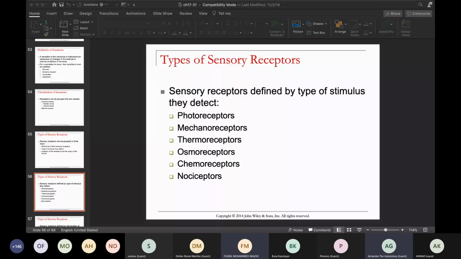Bushra, what do photoreceptors detect? Bushra is gone. Jala, Jala, teacher. Attendance time again. Jala, I am here, teacher. Can you hear me?